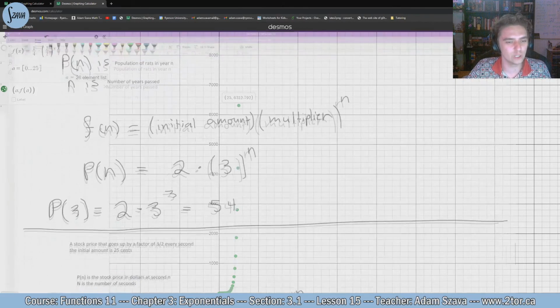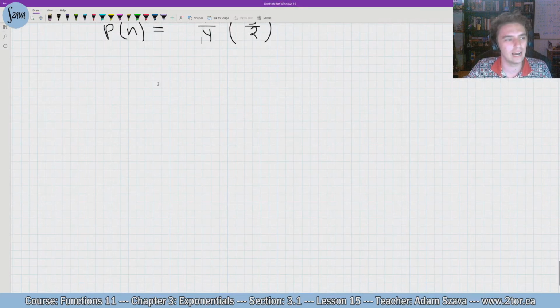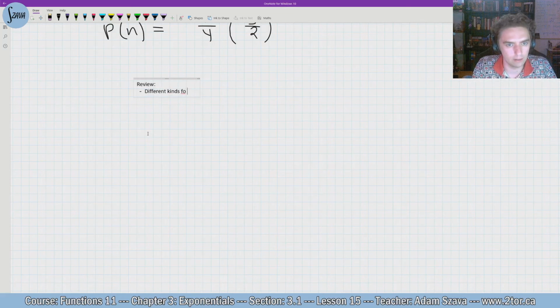And on that note, let's conclude this lesson with a little review on everything we talked about, right? So we started with reviewing the different kinds of functions we know. Then we talked a little bit about linear growth.